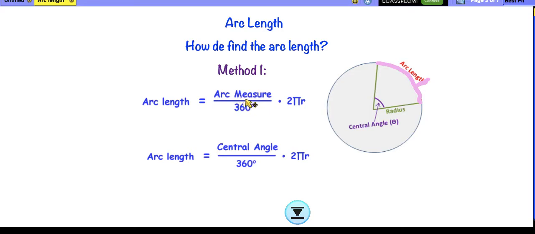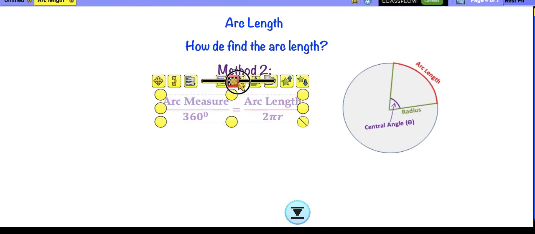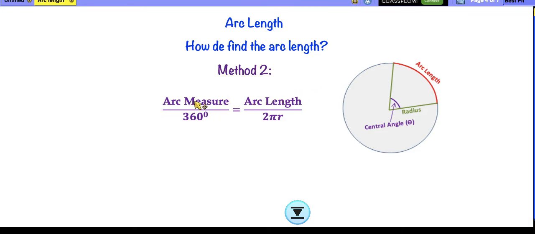For this method, the ratio between the central angle and 360 is the same as the arc measure over 360.